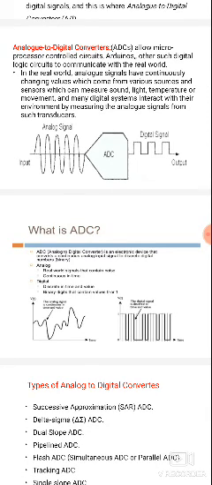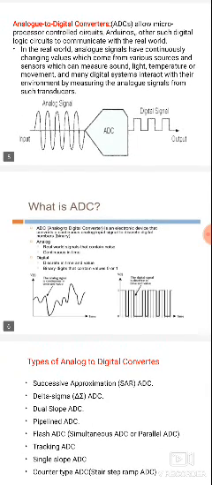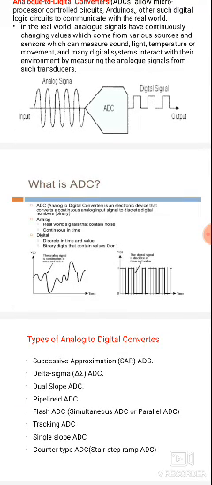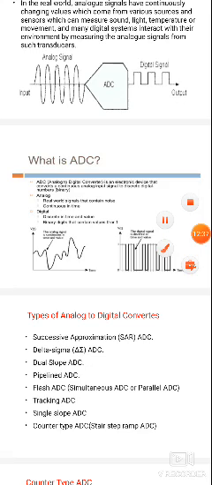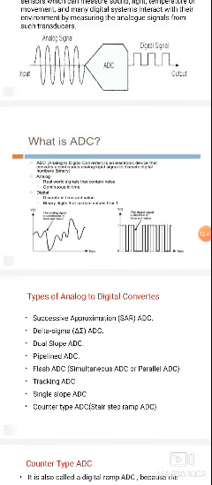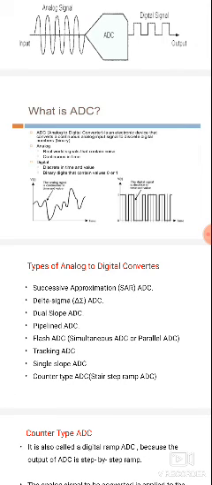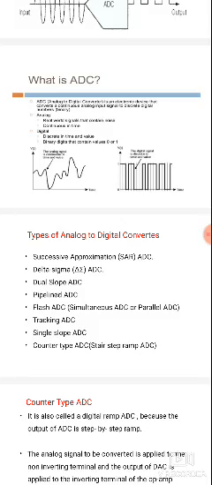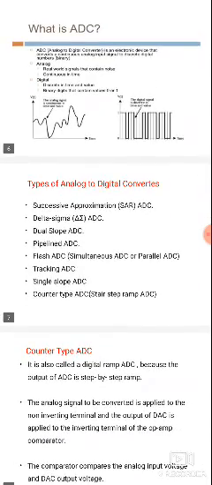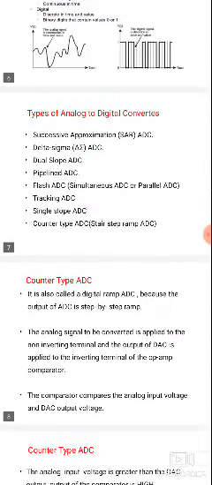Here we are using an electronic circuit called an ADC or A to D converter, also known as an analog to digital converter. The analog to digital converter converts an analog input into an equivalent digital output. There are different types of ADCs: counter, successive approximation, pipelined, flash, parallel, tracking, single slope, dual slope.